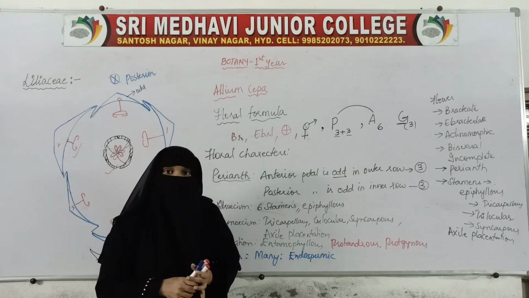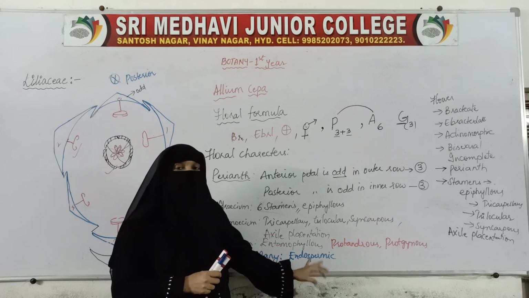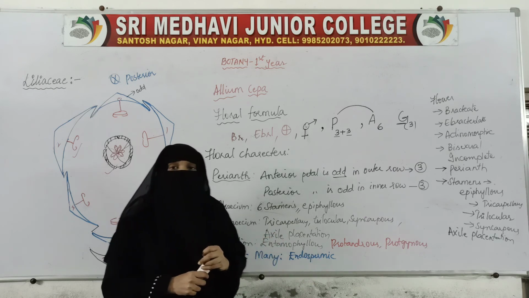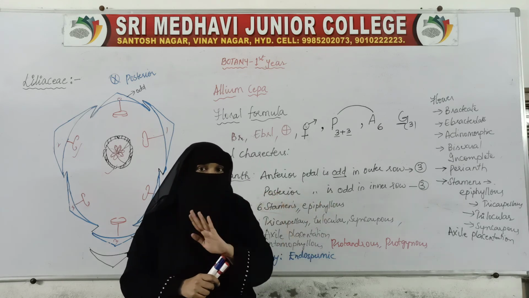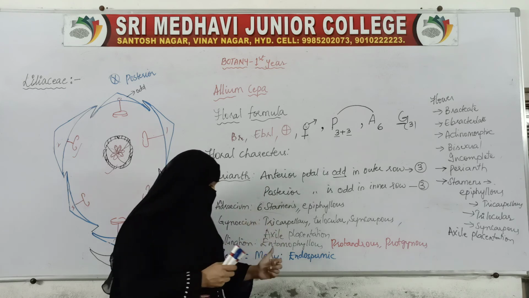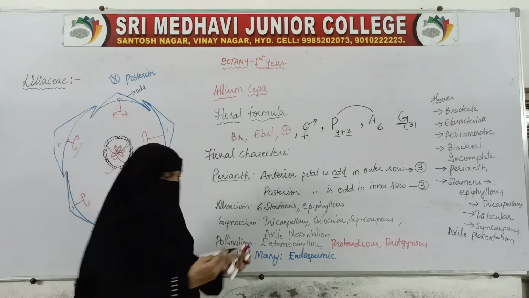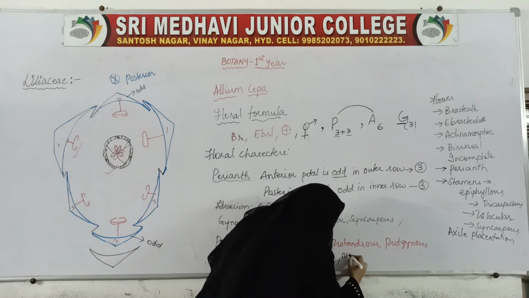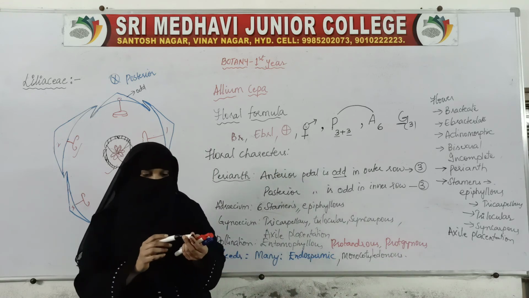Endosperm is still present in monocotyledonous seeds. So many seeds are there and all the seeds are endospermic. Whereas in Fabaceae the seeds were non-endospermic and they were dicotyledonous. So here the seeds are many, endospermic and monocotyledonous.